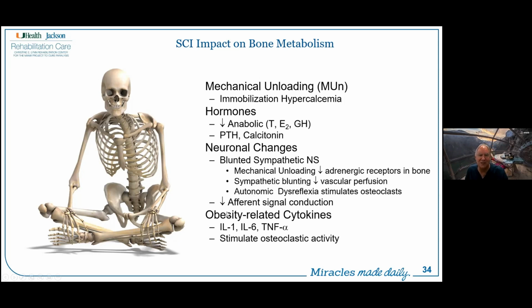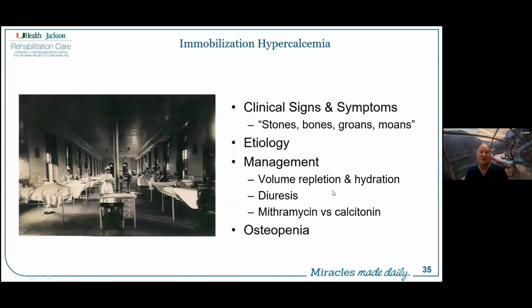And then did I mention obesity after spinal cord injury? Adipose tissue also secretes a number of pro-inflammatory cytokines. And those pro-inflammatory cytokines stimulate osteoclastic activity, which breaks down bone. So for a number of reasons, we need to worry about this. The immobilization hypercalcemia that I talked about comes along with clinical signs and symptoms.